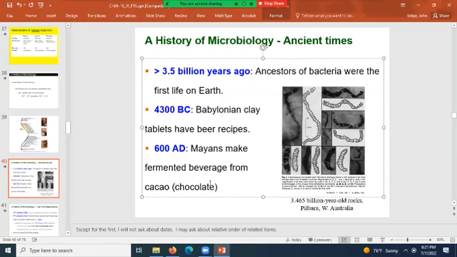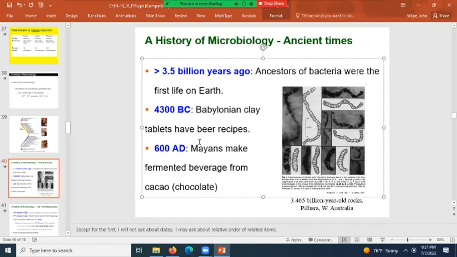And like I said, before this happened, we had the Babylonians first writing down the beer recipes, and then before that, the first fossil record of life. It is important that you should know the relative order of things.